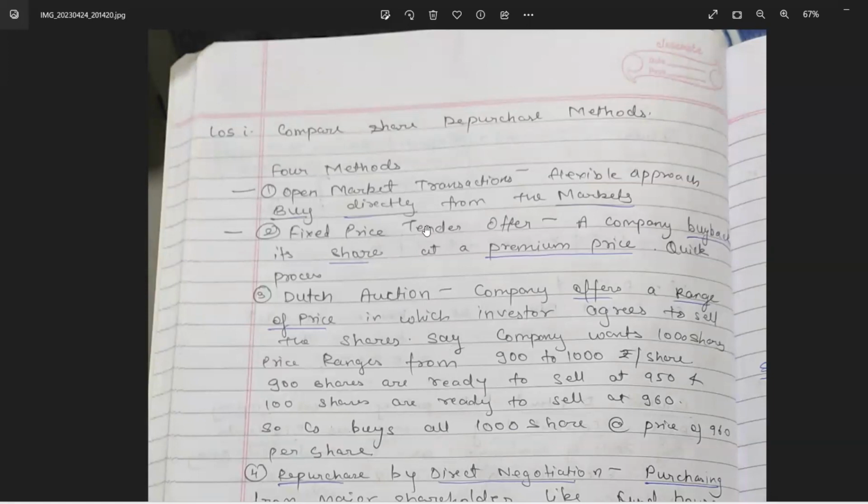First, if the company wants to buy 1 million shares of its own company, the company cannot directly put a market order and buy back its own shares. This will lead to an increase in the price of their shares in the market, and they will get the shares at much higher prices. So one is the open market transaction, a flexible approach, buying directly from the markets.